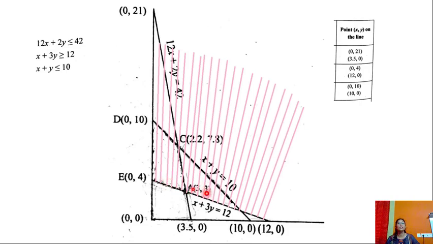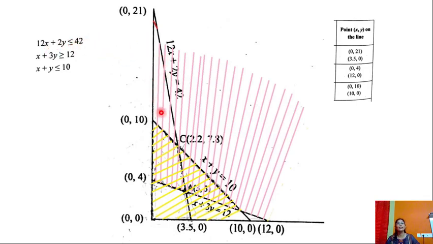Here if we see, this is the region for x plus 3y greater than or equal to 12. Now the next region is x plus y less than or equal to 10. And the next is 12x plus 2y less than or equal to 42.